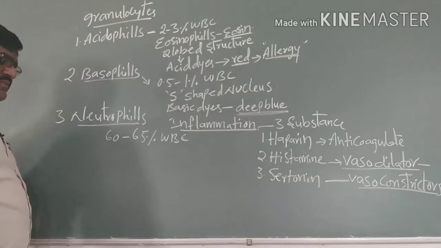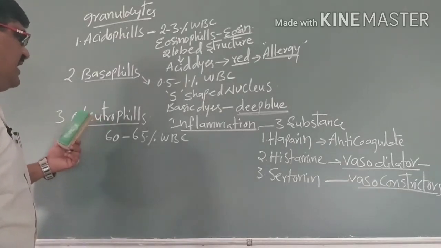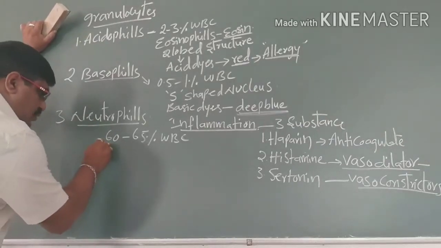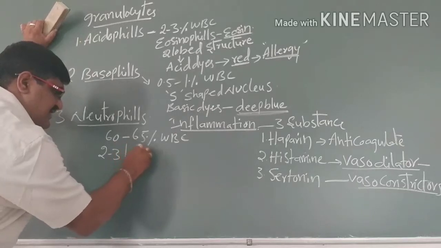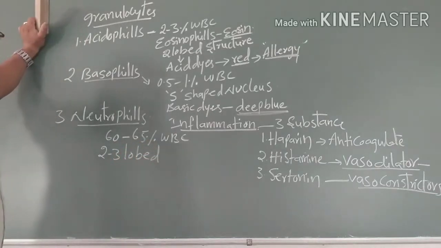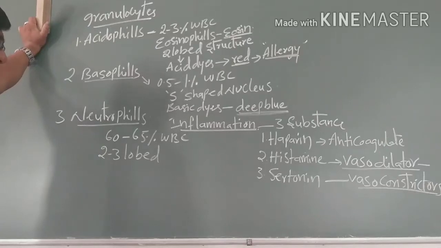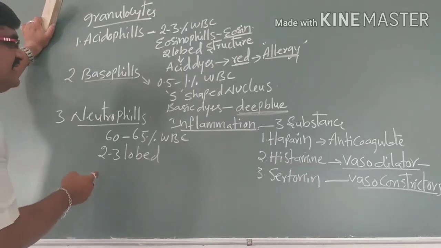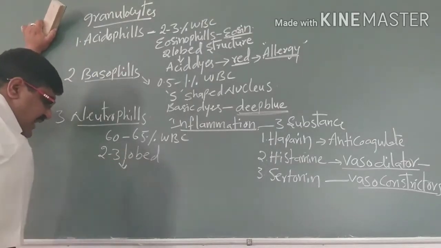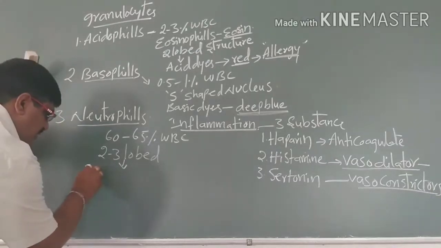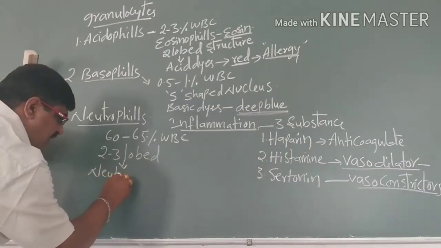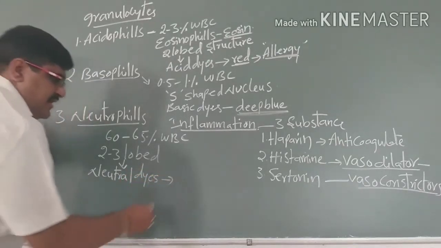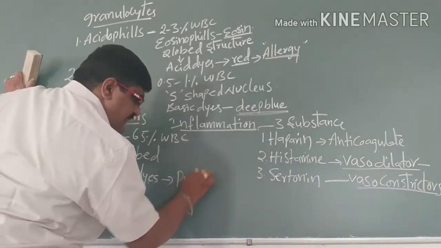They have 2 to 3 lobed structures, and they use neutral dyes.